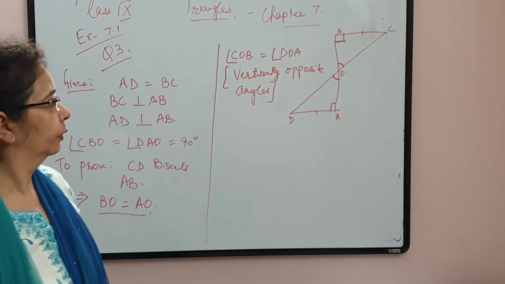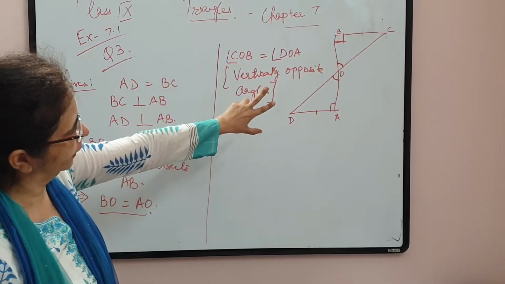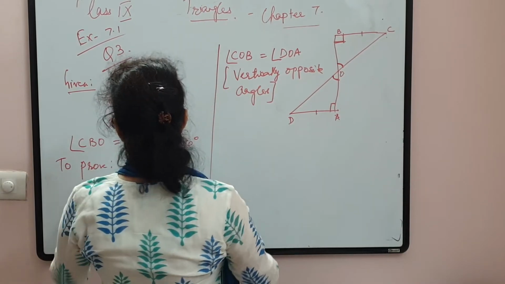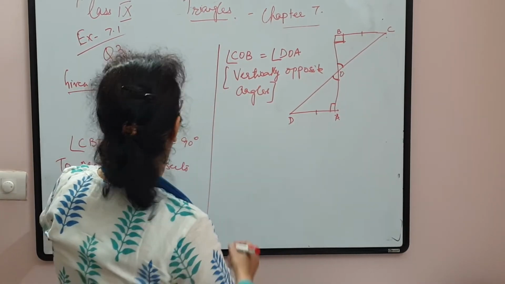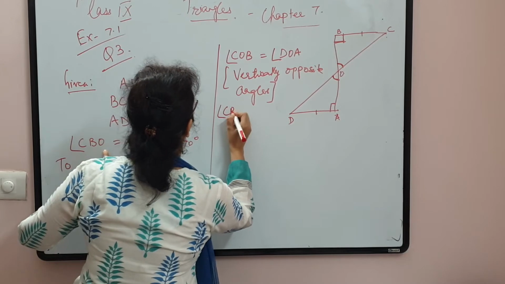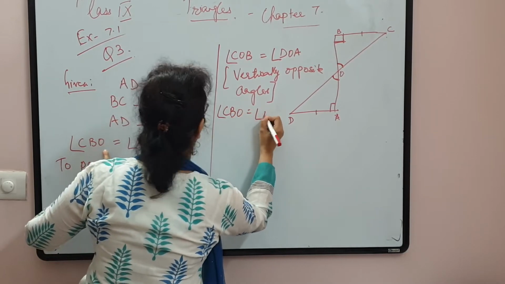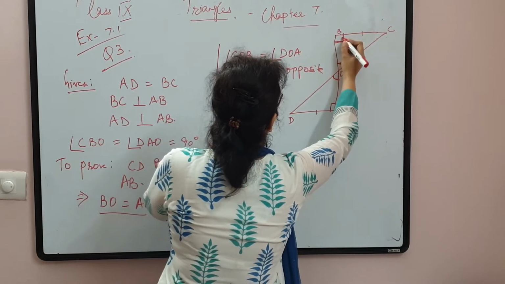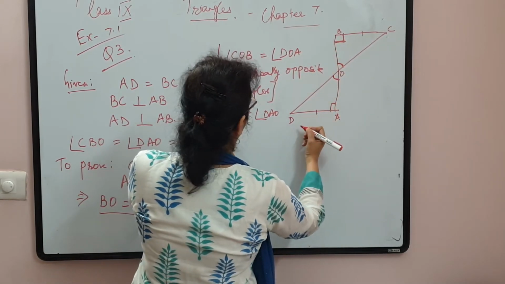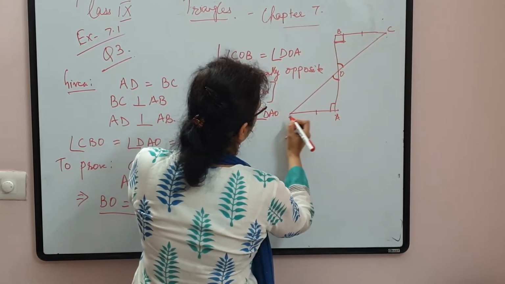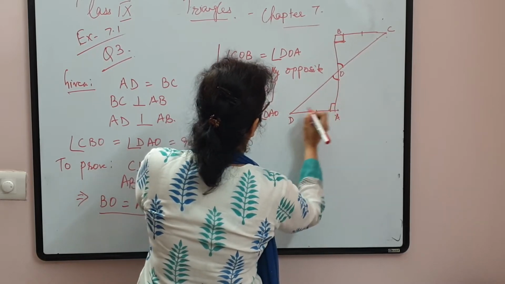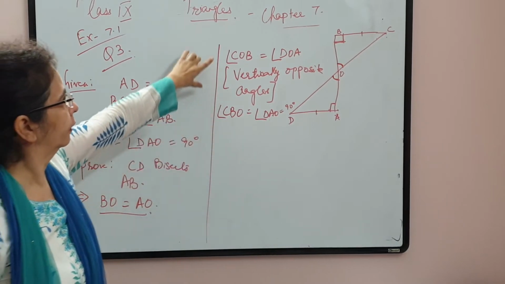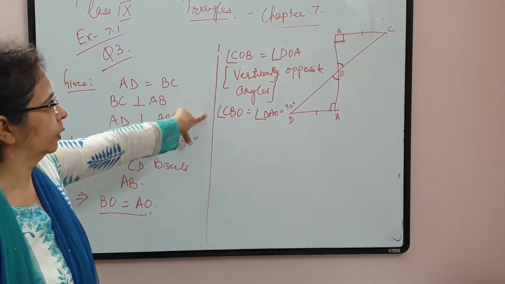Now you have found out two angles are equal, these two. We also know that angle CBO is equal to angle DAO. They are both 90 degrees. One angle, another angle is equal.